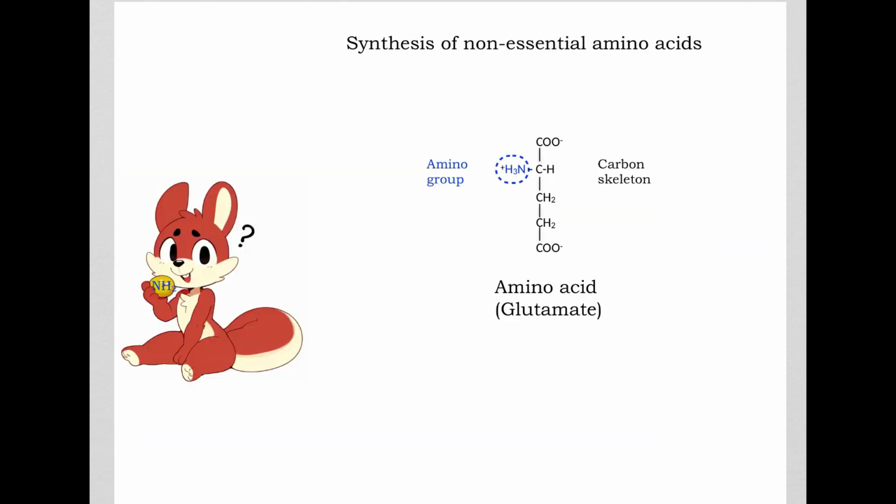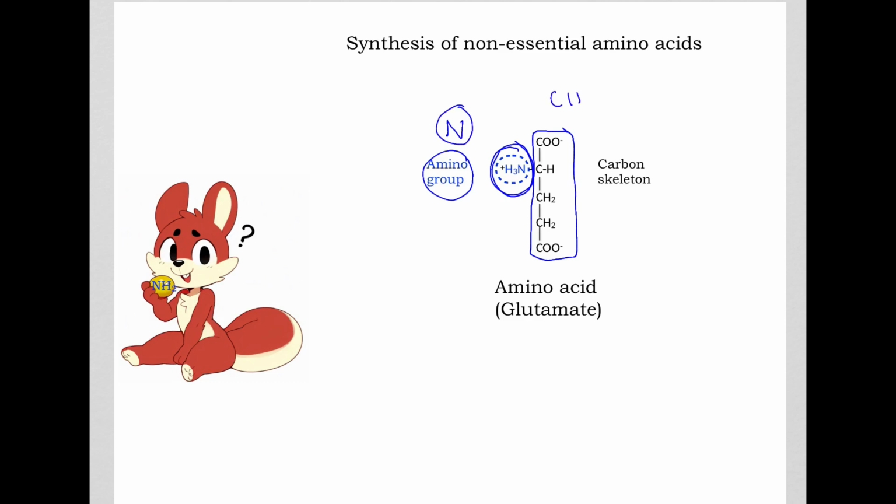So recall the basic structure of an amino acid. Unlike carbohydrates and lipids, which are very rich in carbons and hydrogens, all the 20 amino acids have the amine group, the amino group. So there is a nitrogen present.